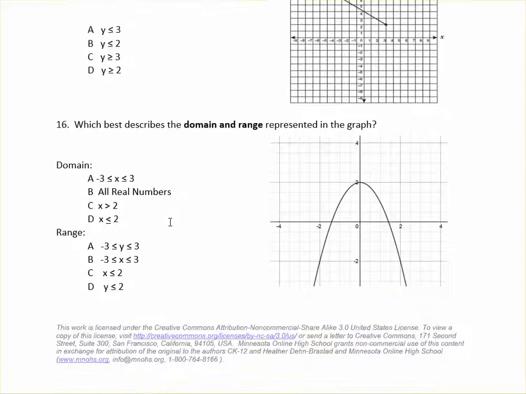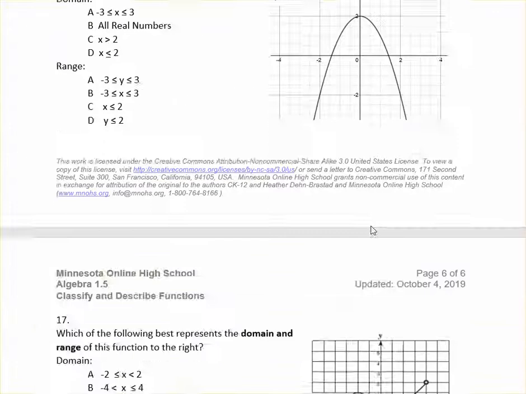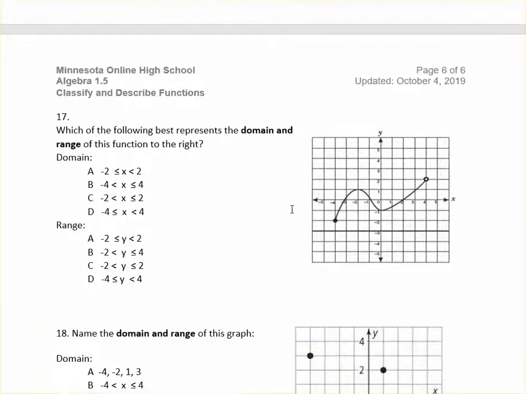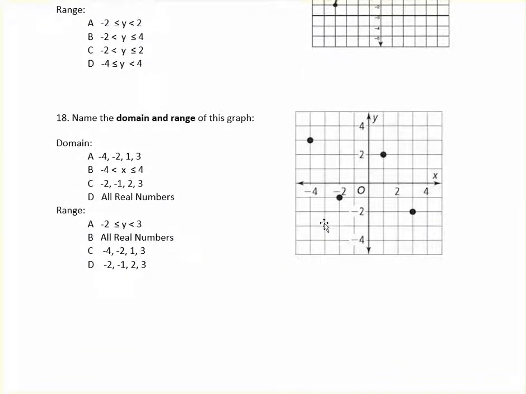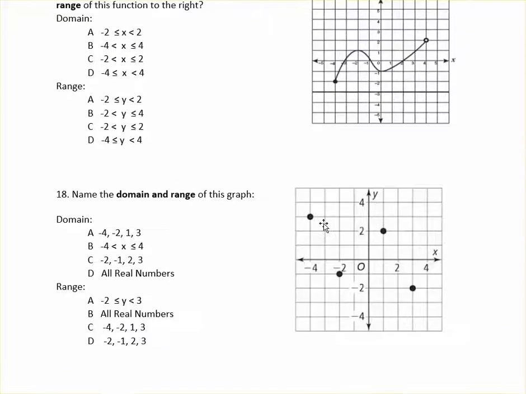In number 16, you'll find the domain and the range of this quadratic function. And same with 17, find both the domain and range of this function. Here's a discrete function, so the domain and range of that, and that's the last one.